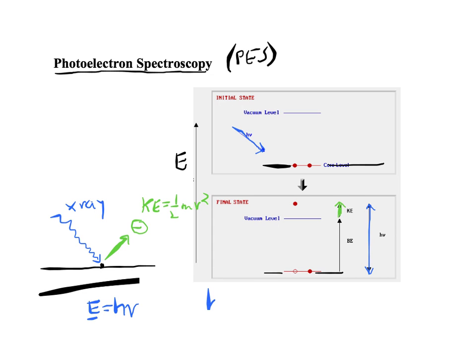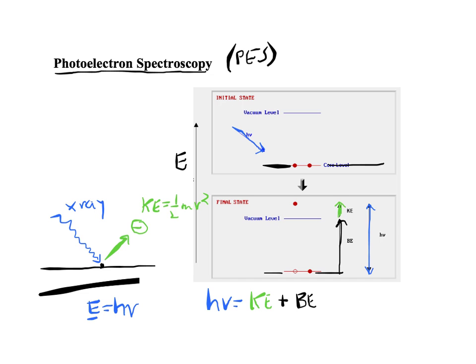The total energy, Planck's constant times the frequency, is going to be equal to the kinetic energy plus some other energy, BE, which we're going to call the binding energy. And that's the height of this line right here.